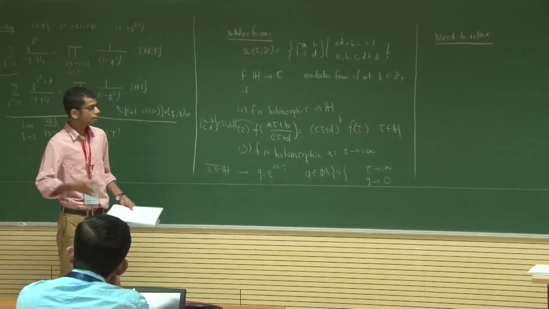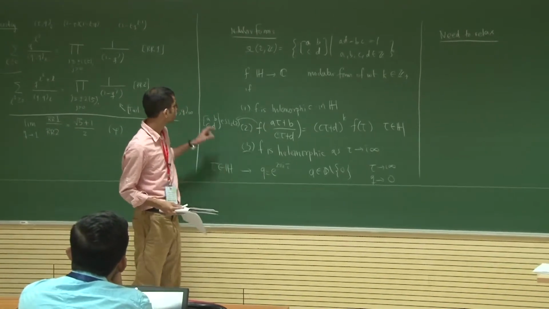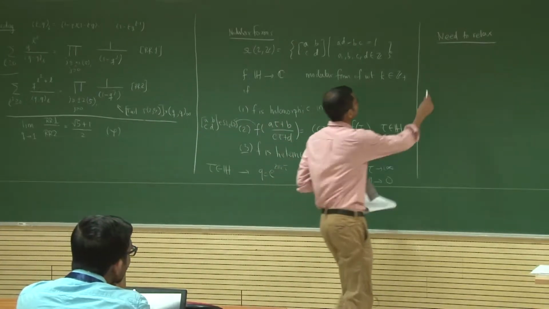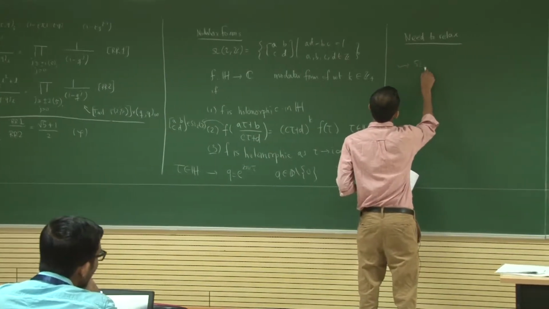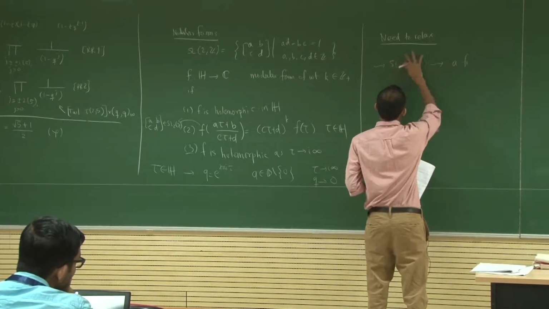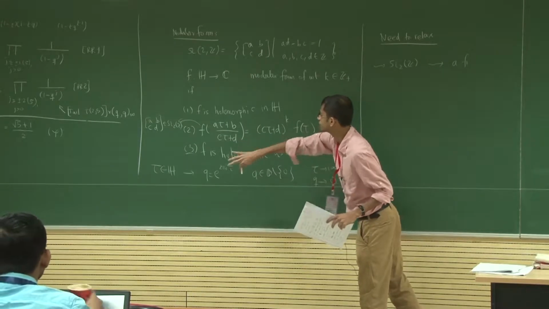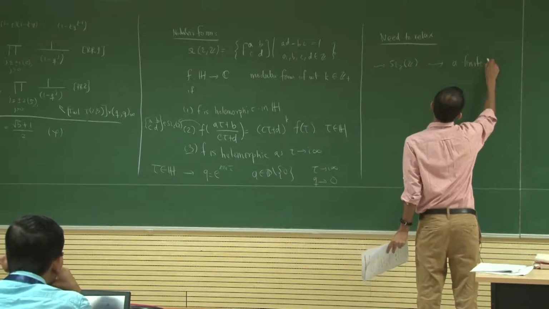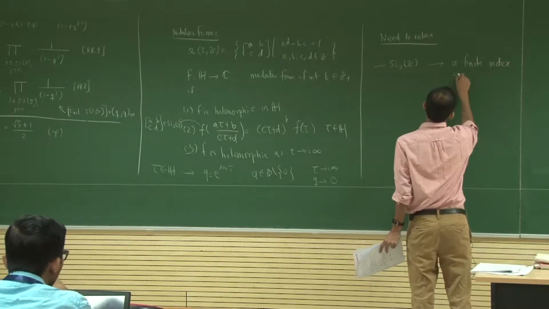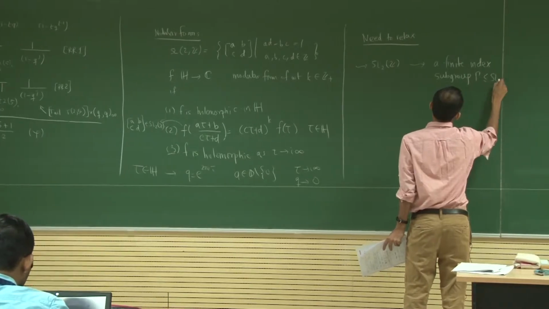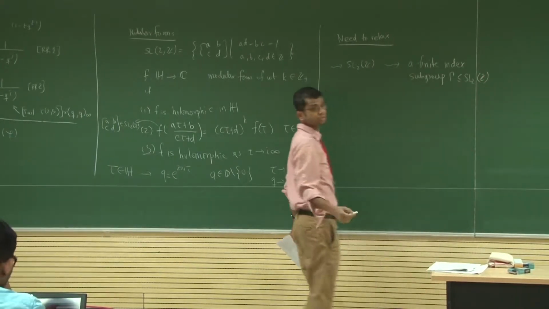The point is to get some sort of a transformation property with regards to elements in the modular group, and sometimes you need to relax SL2Z. So you may not stipulate that it transforms under the full modular group, but maybe a finite index subgroup gamma in SL2Z. Sometimes you need to do that.